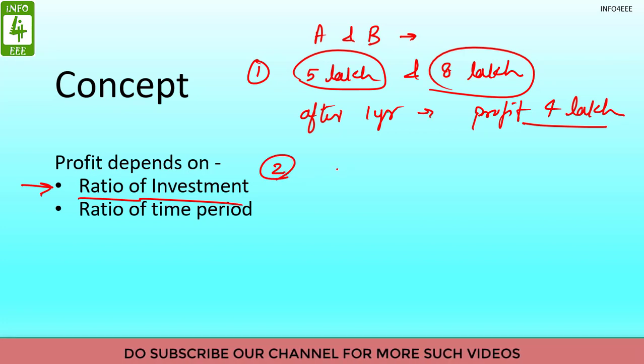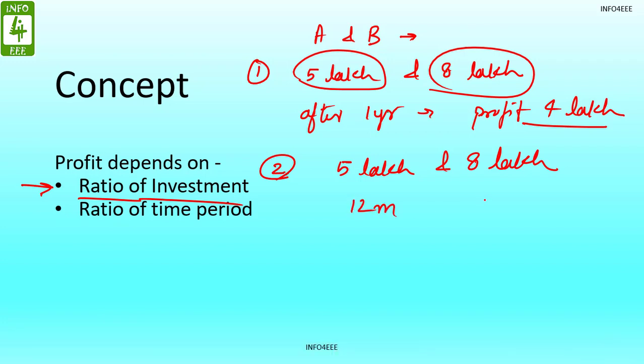Second thing is, suppose they started a business with, let's say, 5 lakh rupees and again 8 lakh rupees. But A stayed in this business for, let's say, 12 months and B stayed there just for, let's say, 9 months. And after 1 year, means 12 months, they made a profit of, let's say, again 4 lakh rupees.